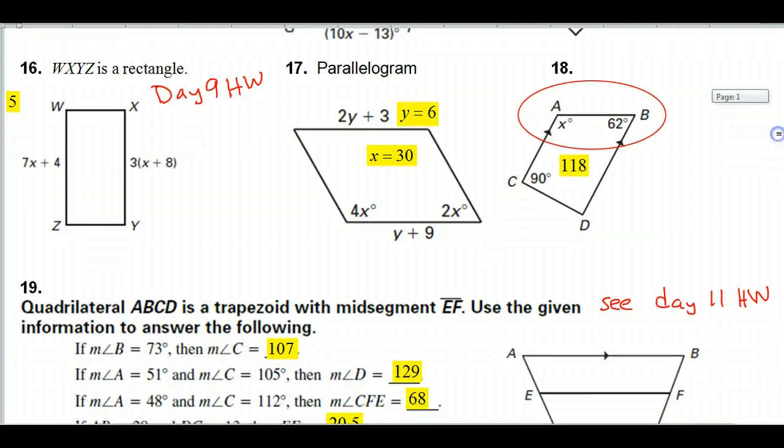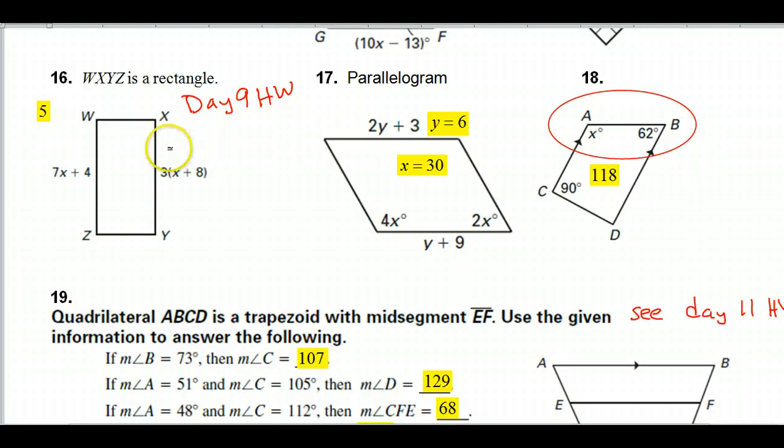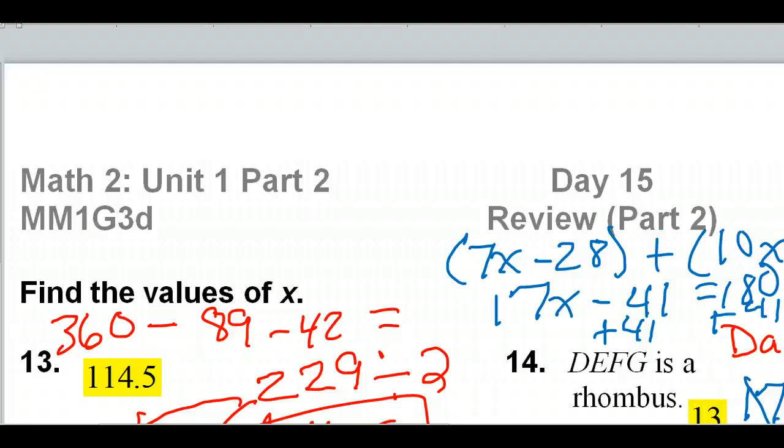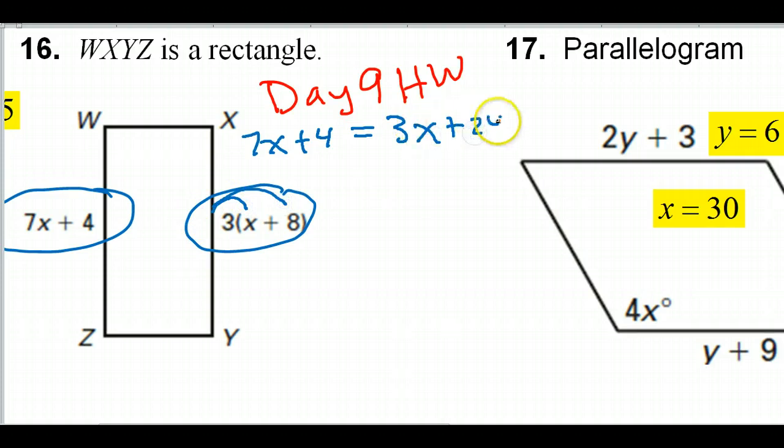Okay, look at number 16. Most people get problems like this correct. Opposite sides are going to be equal. So you definitely can just go ahead and set these equal to each other. So you can say 7x plus 4 is equal to, I'm going to do the distributive property if I may, 3x plus 24.